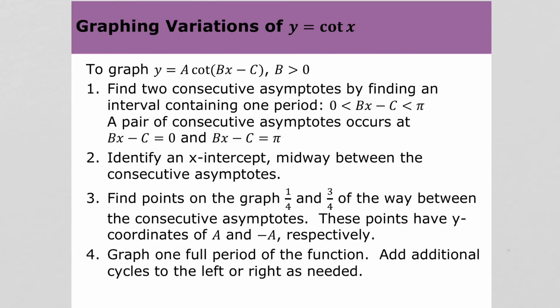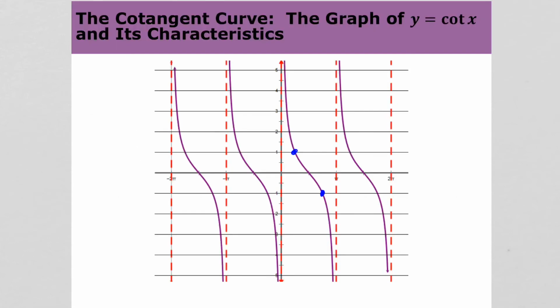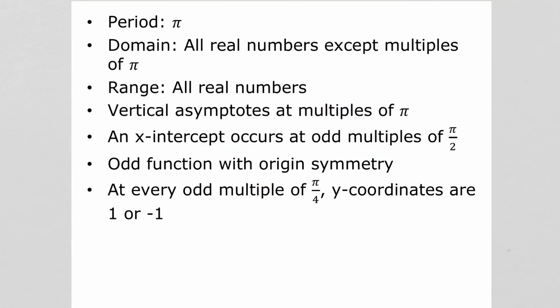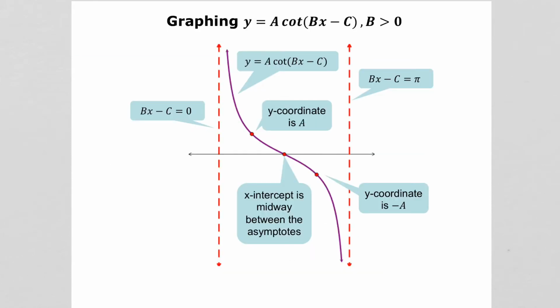Same type of deal to graph a variation of cotangent, except the period is between 0 and pi instead of between negative pi over 2 and pi over 2. Notice the period between 0 and pi. So let's look at an example.